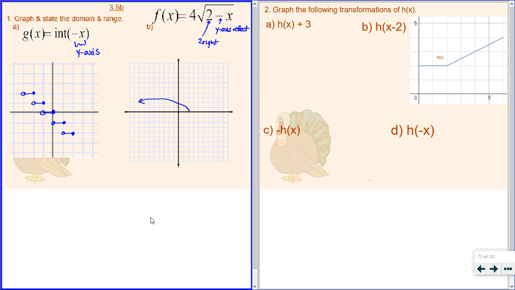All right, now we have to deal with it being a 4. So that 4 on the outside is a vertical stretch, because it's on the outside. In other words, all the y values are multiplied by 4.